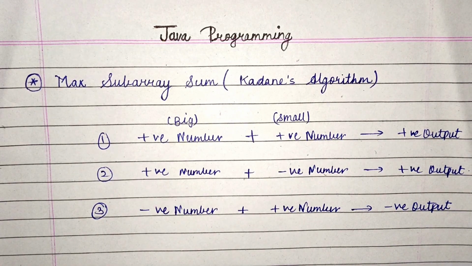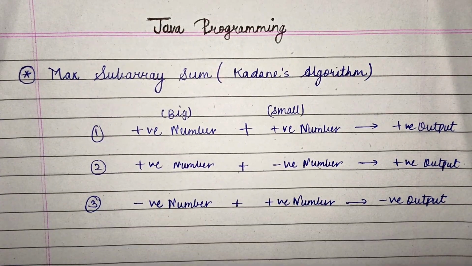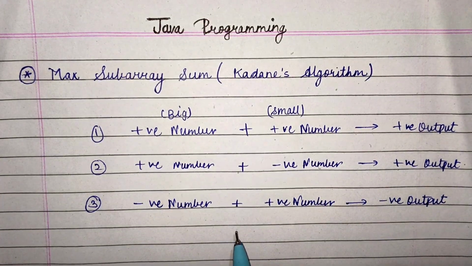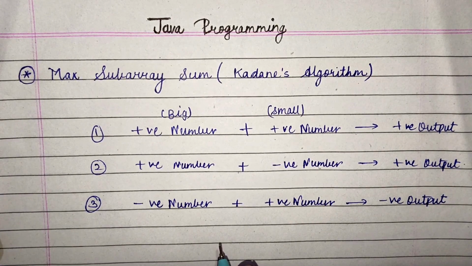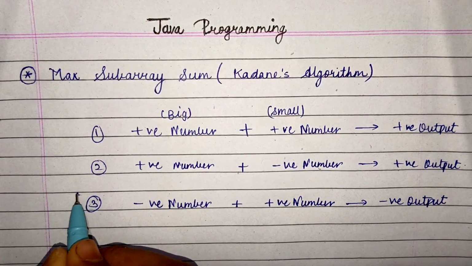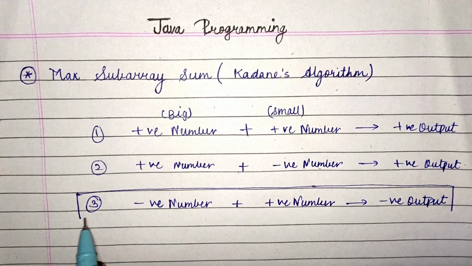So this is the basic rule of addition and subtraction in mathematics. Kadane's algorithm says that if the addition of two numbers is negative, then take it as 0. The negative number will be considered to be 0, so we have to focus on this only.